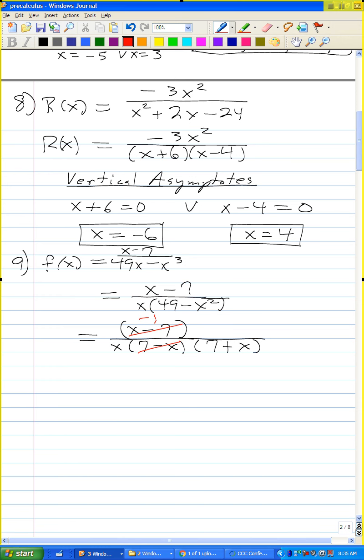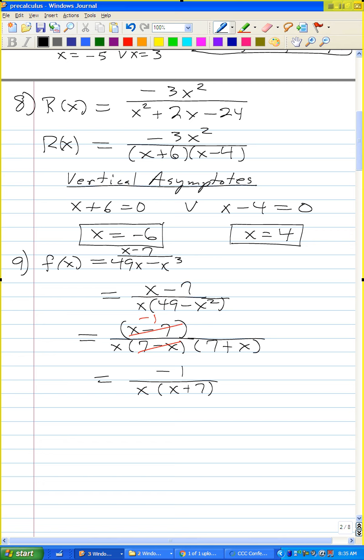Except when I cancel it, one is x minus 7, the other is 7 minus x. So they're of opposite sign. So if I do that, I get a negative 1 over x, and then 7 plus x. I'll just write that as x plus 7. Now, of course, I've changed the domain, but I really don't care that I've changed the domain because I'm only looking for vertical asymptotes. And so now I can set the denominator to 0.